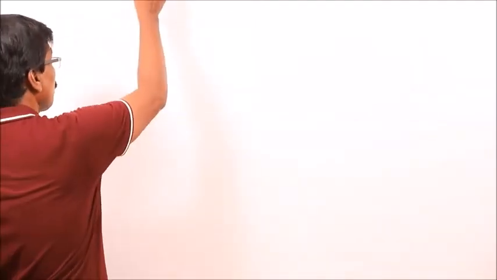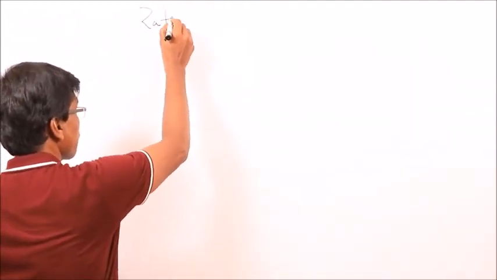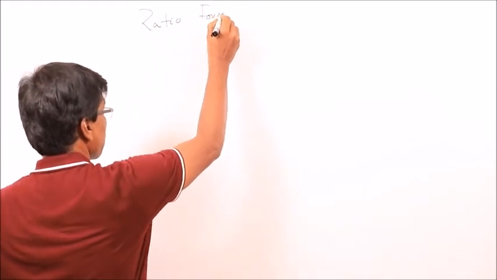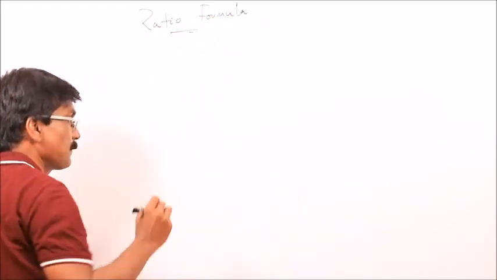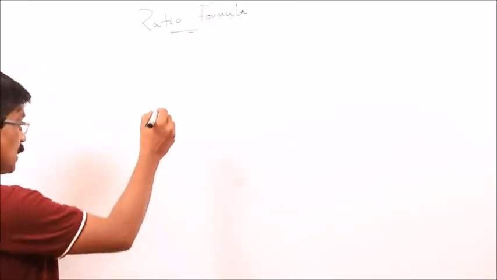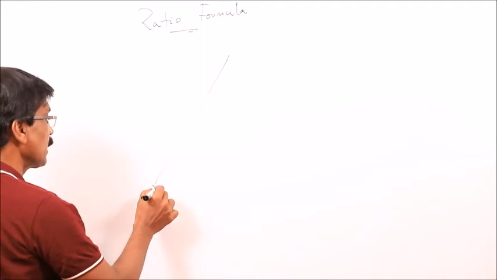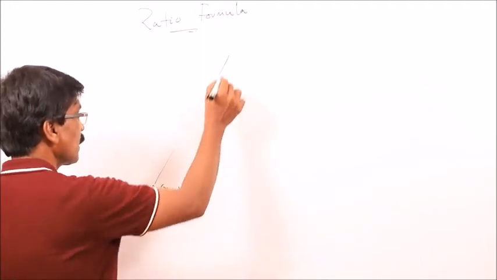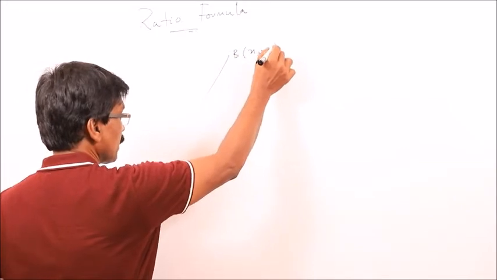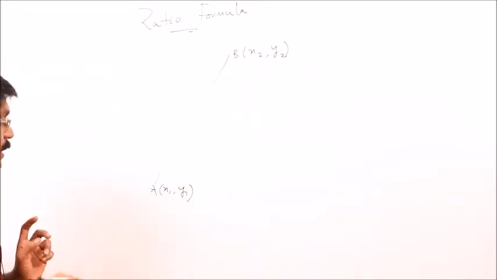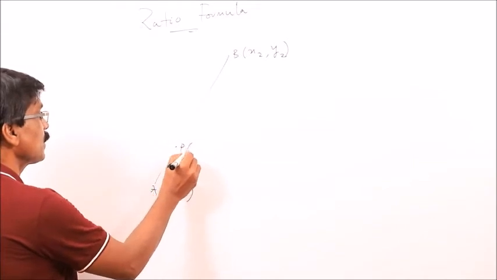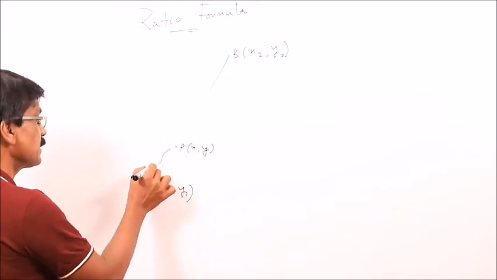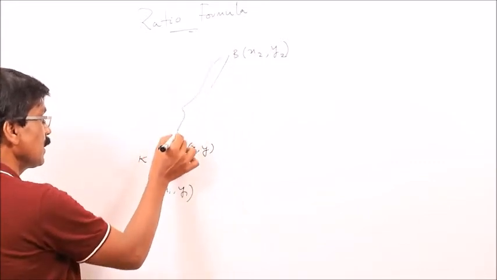Hello students, we will now continue with the straight lines. So first we will discuss the ratio formula. If we have 2 points A having coordinate x1 y1 and B having coordinate x2 y2, say P is a point xy which divides AB in the ratio k is to 1.